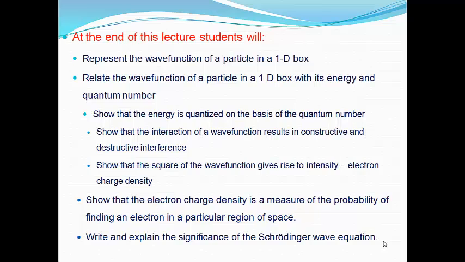Look at how the wave function, which describes the motion of the electron, changes, and what information we can get from the wave function that tells us where the electron can be found outside of the nucleus.